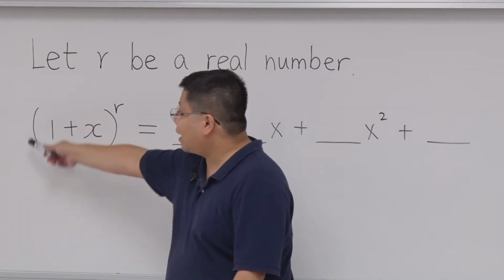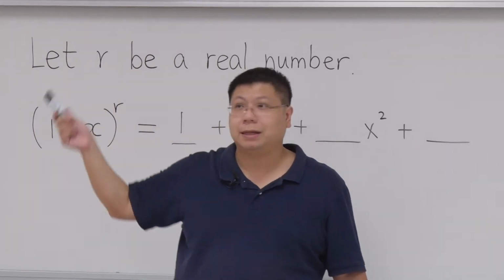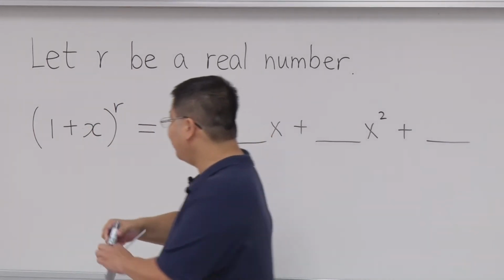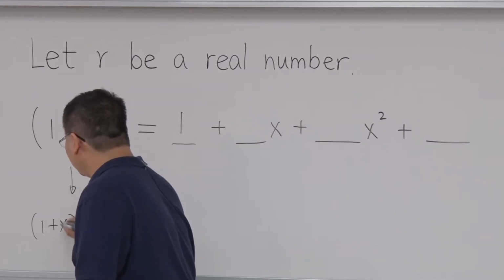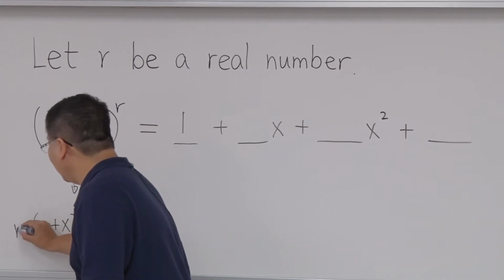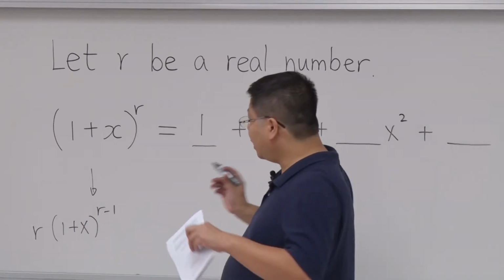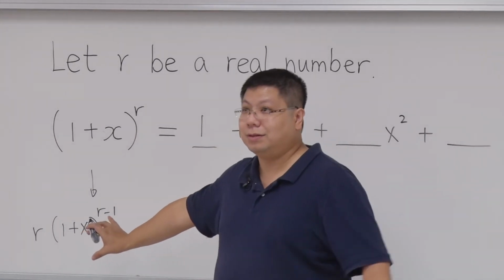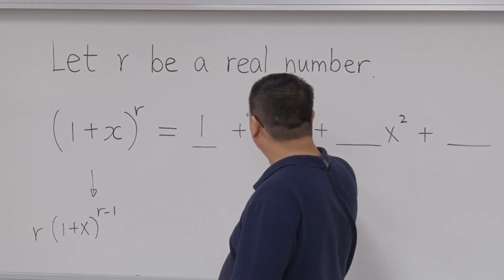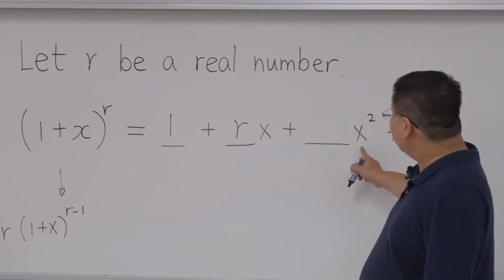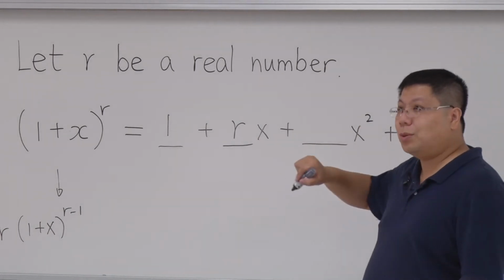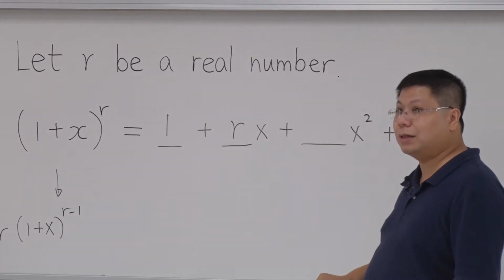So I will get r times 1 plus x to the power r minus 1. I have an r here. Is that okay? And then I substitute x is equal to 0. Put it there. So I will get r times x. Is that okay? And then how about this one? This one, I differentiate it twice. Okay, I differentiate it twice.